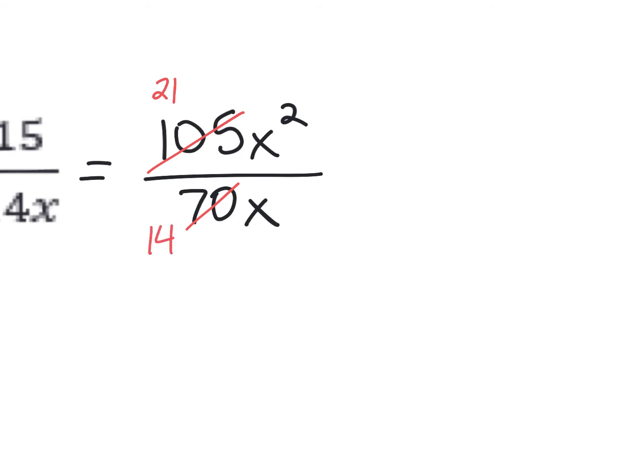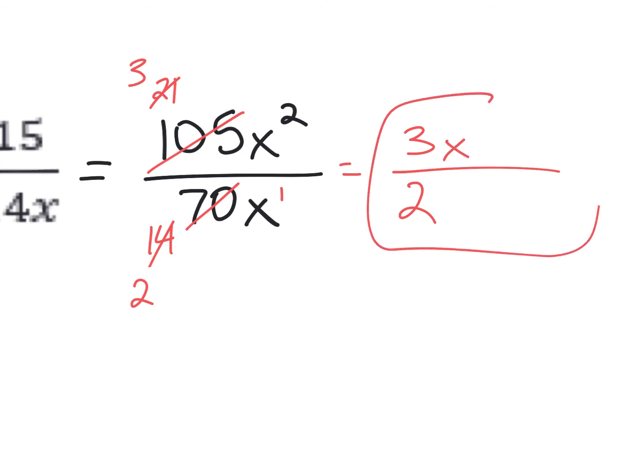Okay. 21 over 14. Will that simplify further? I think so. 3 over 2, right? 7 goes into both. So 3 over 2. And then we got x squared over x. Just 2 minus 1 is just 1. So it's just x on top, right? That's it. We're done. That is all.